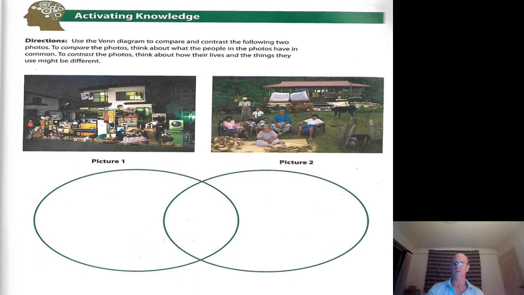So go ahead and give that a try now. Hopefully you have some thoughts there, at least one or two ideas for similarities for comparing, and at least one or two for each picture for contrasting.